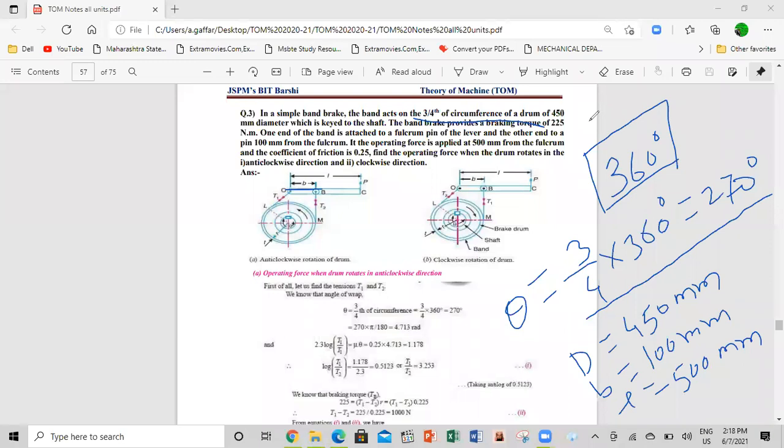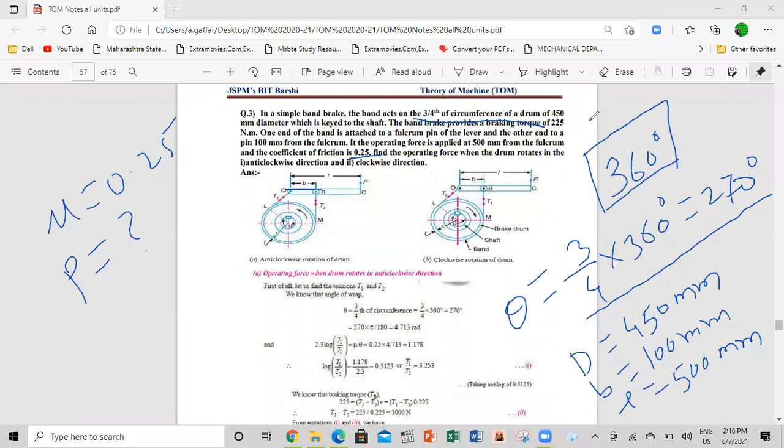Coefficient of friction mu is equal to 0.25. Find the operating force, which is nothing but effort, denoted by P. So in this problem we have to find effort P. When the drum rotates, we have been given two conditions.